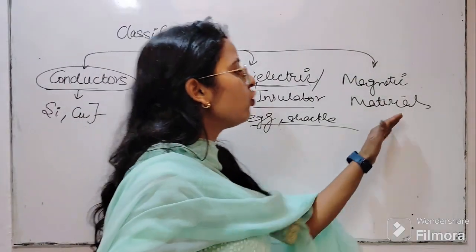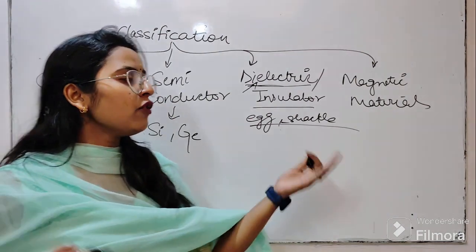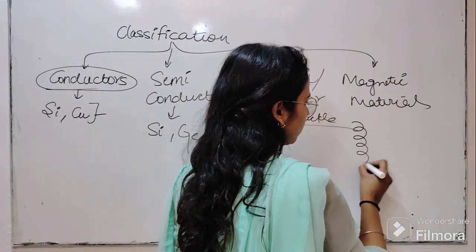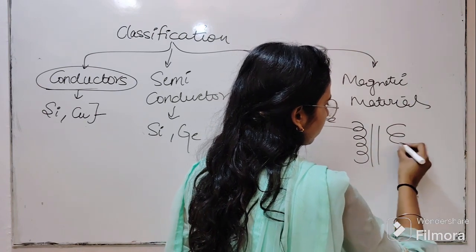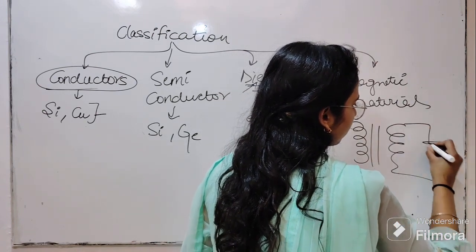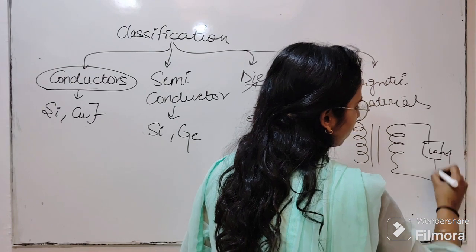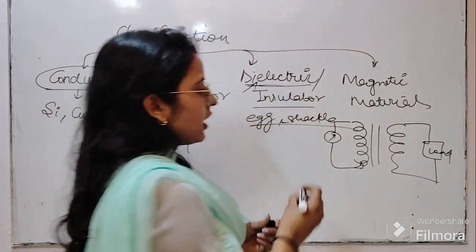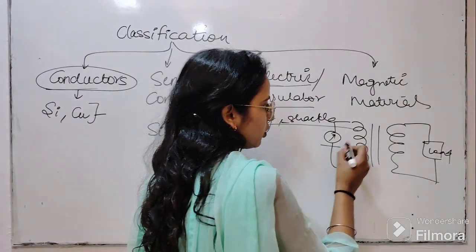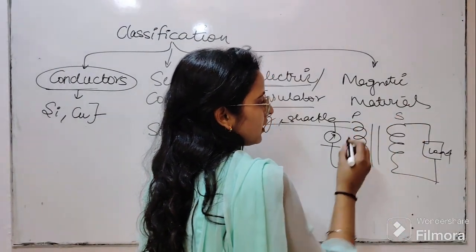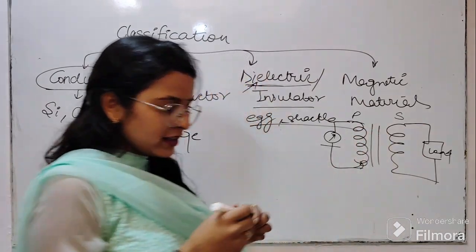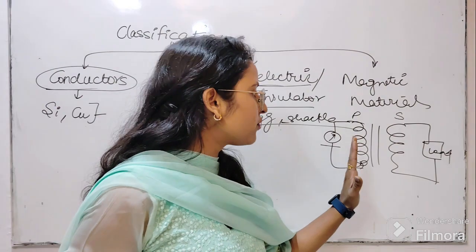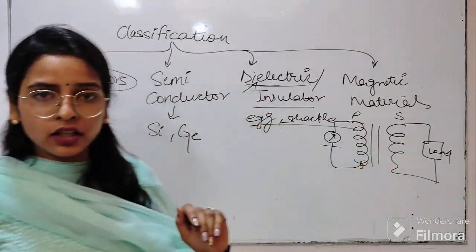The fourth one is magnetic materials. If we discuss the transformer, it is like this. This is the load, and if we give the supply to this point, the primary end, and this is the secondary end, then due to the magnetic lines, or we can say due to the permeability, they are going to transfer the electric charge from one point to another point.